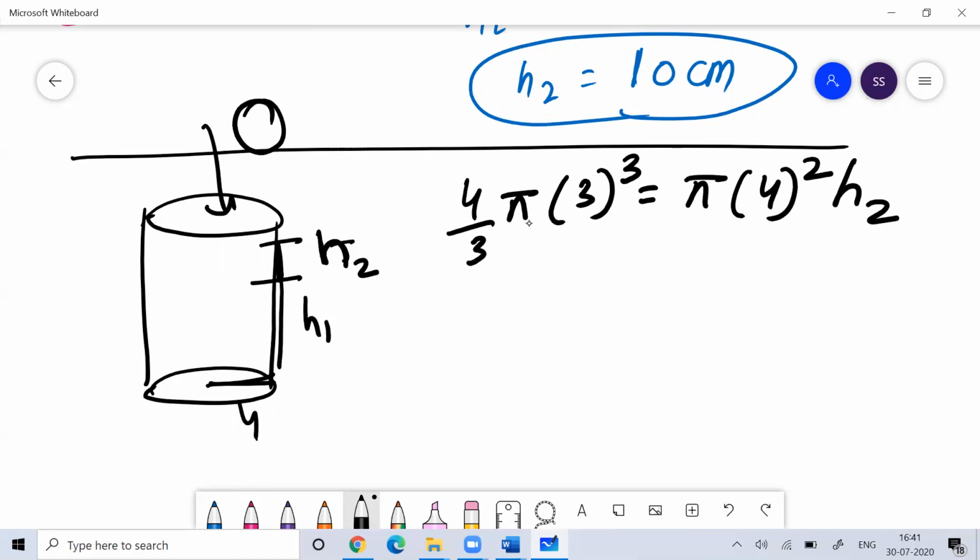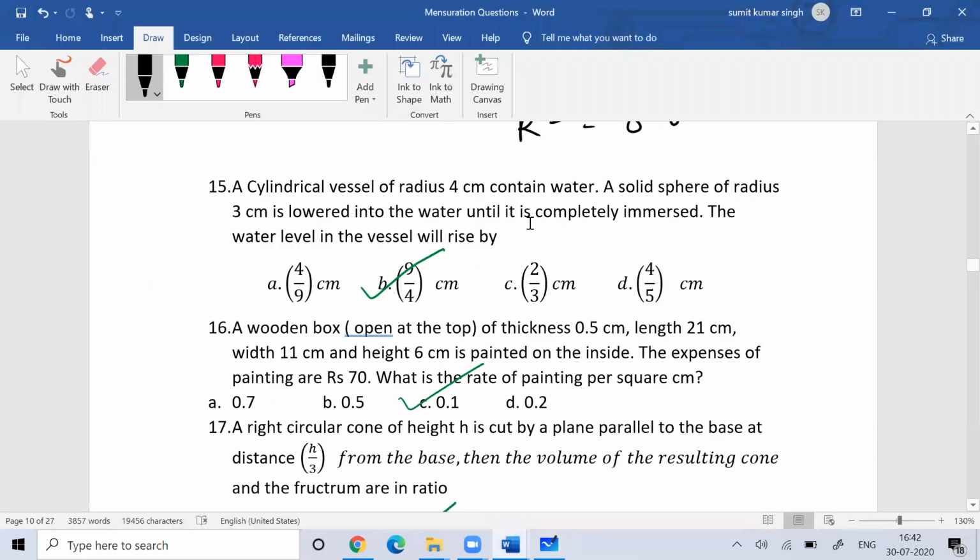So you can solve it. Pi you can cancel. So this 4 becomes 4, and then this is 3 cube, so this becomes 3 square, means 9, so that is h2. So the increase in height is 9 centimeter or whatever.